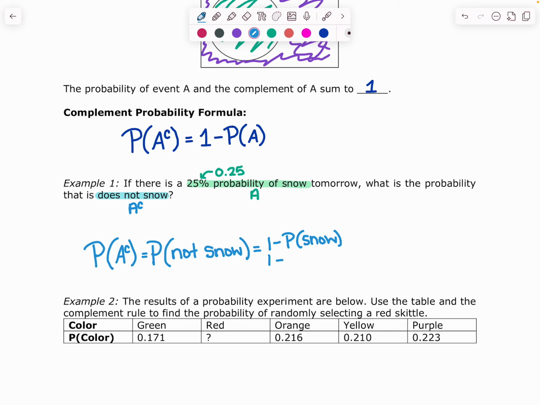So 1 minus 0.25 is 0.75. And that is the probability that it does not snow. So I can say that there is a 75% probability that it does not snow.